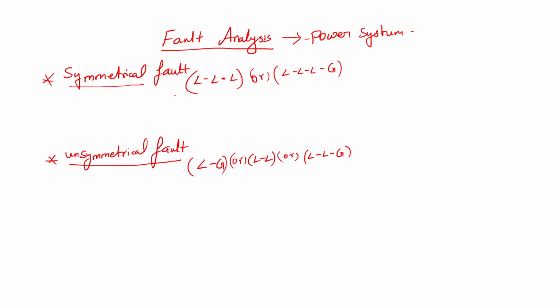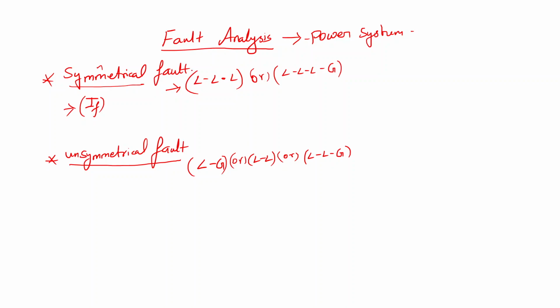A symmetrical fault will occur in all three phases, as I already mentioned. Because of that, finding the fault current value, IF, is simple in a symmetrical fault. Why? Because I need not find it for all three phases separately.